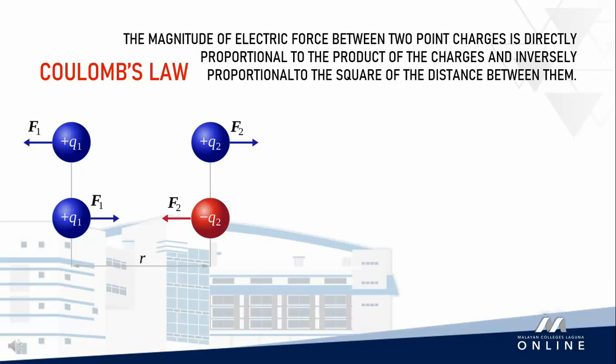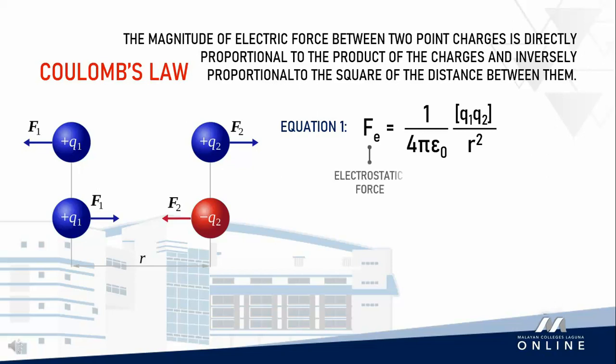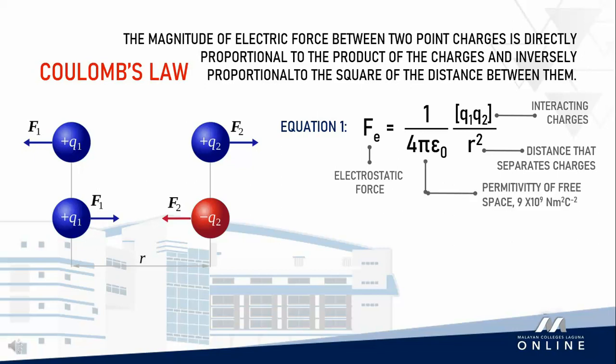Mathematically, we can express this law through the following equation, where F sub E is the electrostatic force, Q sub 1 and Q sub 2 are the charges that are interacting, r is the distance of separation between the two objects, and this constant k is the electric constant, with a value of 9 times 10 raised to 9 newton square meter over coulomb squared. For brevity, we can conveniently use this equation.